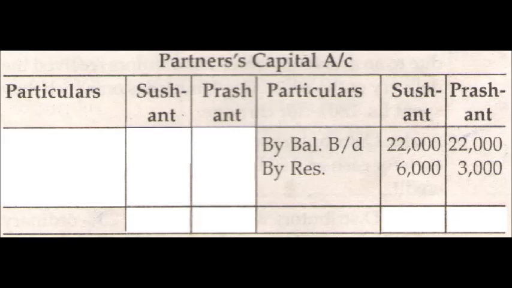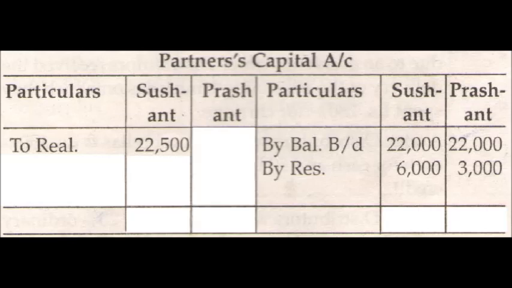If you look at the partners capital account, there are entries. The stock is being taken over by Prashant and the plant and machinery is being taken over by Sushant. So that entry will come here to realization. Sushant 22,500 for plant and machinery. No need to write two entries in the same column.